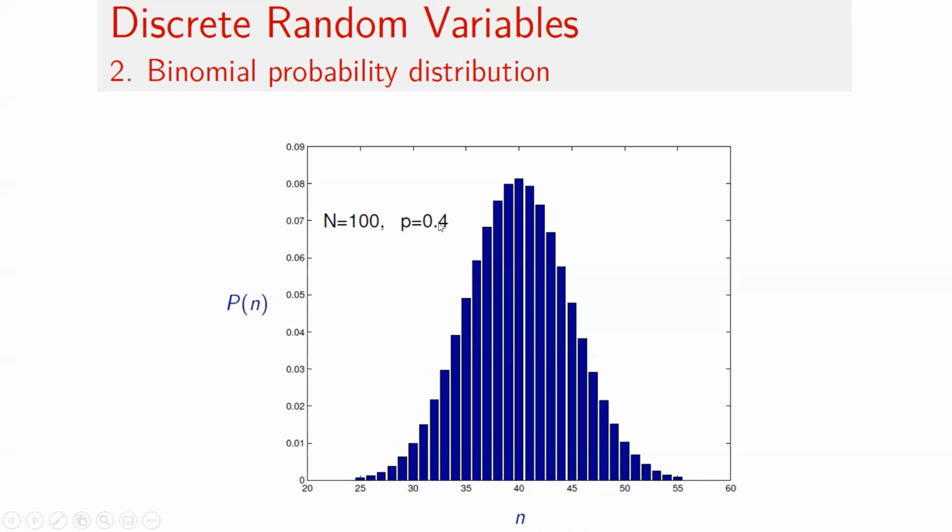This has a very important distinctive shape, because it looks like a Gaussian or normal random variable.